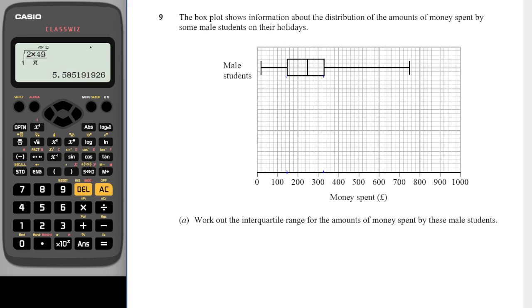So that's 150, and then we're going up to 330. So my interquartile range is going to be 330 minus 150, which is going to be 180.